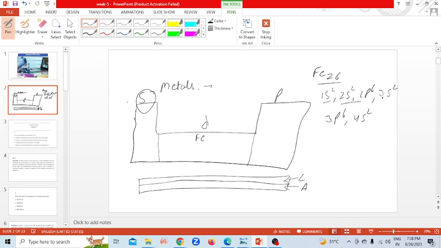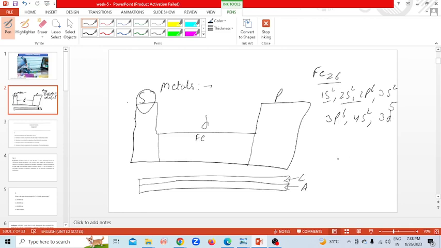But the third shell also has d orbitals, so you need to fill the d orbital, and d orbitals can hold 10 electrons. So how many electrons do we need to fill? 10 plus 10 is 20, and 6 electrons will be here in the d orbital. So dd transition will be there.